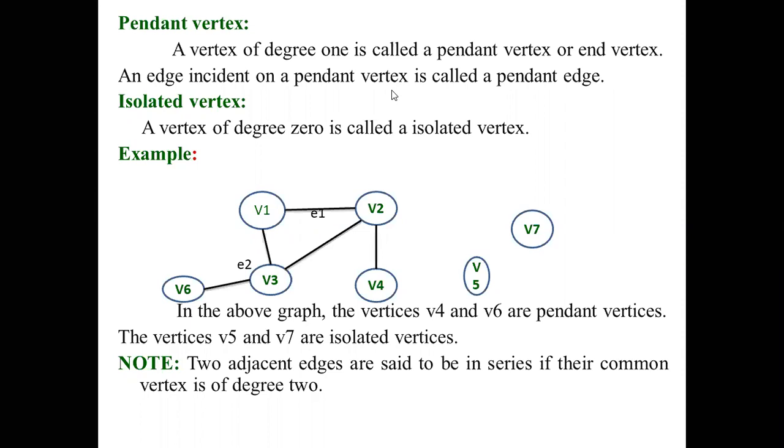So here, pendant vertex means the degree of the vertex is 1. If an edge is incident with the pendant vertex, that edge is called a pendant edge.